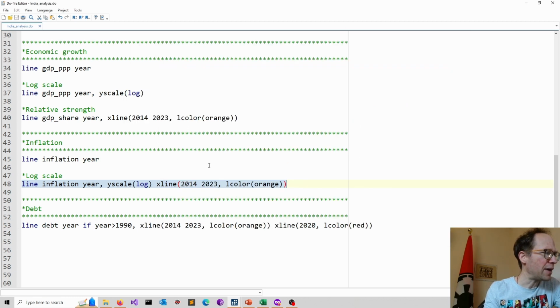Now finally we look at debt. Debt is relative to GDP, so that is quite a sensible measure. You have to look at the size of the economy because at the end of the day this is how you can generate income for the state. The main issue in India is not necessarily government spending. It's not that massive.